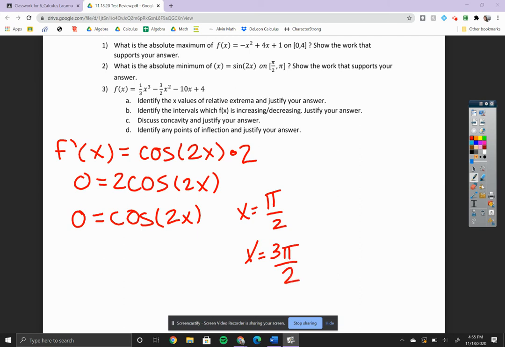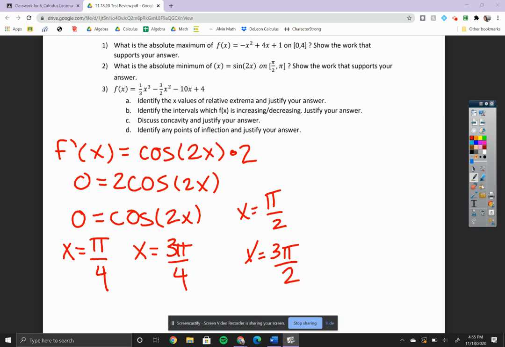But since we have this 2 on the inside of our parentheses, we need to figure out what can we multiply by 2 to get these two options, which would be x equals pi over 4 and x equals 3 pi over 4.